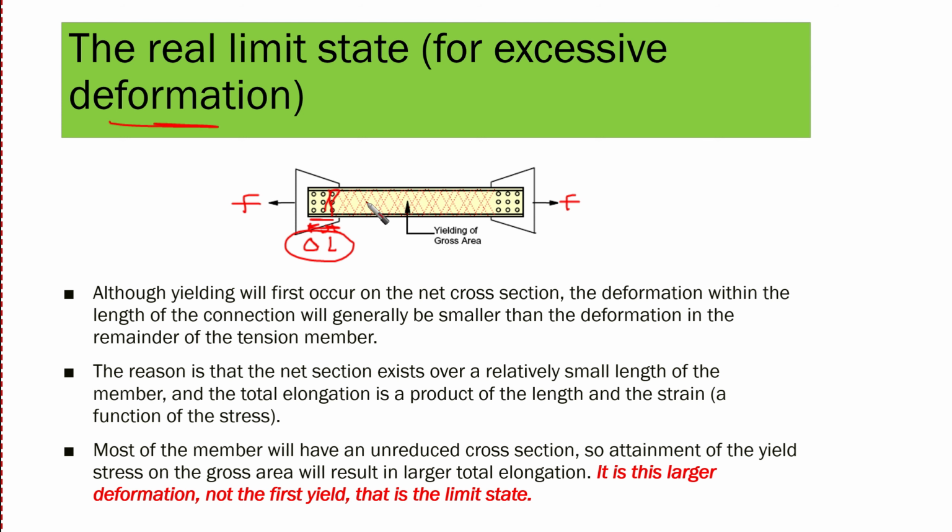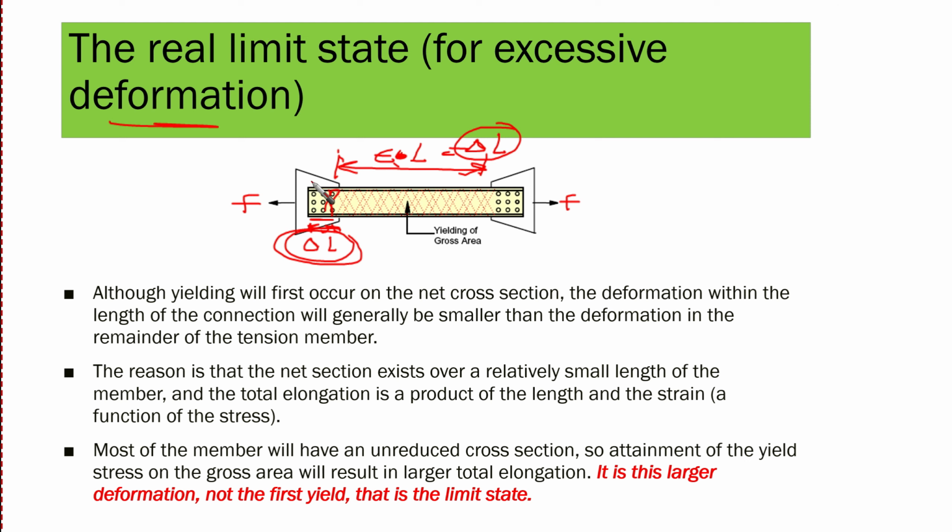However, the main problem is in the gross area. If the gross area reached yielding, this means that the strain times L, where L here is the total length of the gross area, which is almost the length of the element, would give us delta L. Delta L due to yielding of the gross section is much larger than delta L due to the yielding of the connection area or the net area.